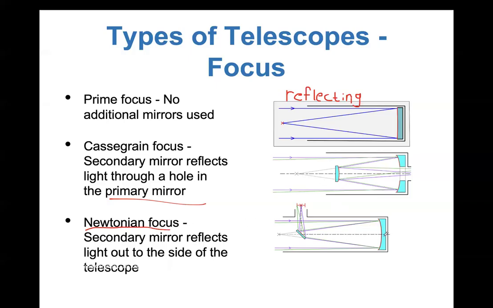But then we get to a Newtonian focus, which, instead of having a hole in the primary mirror, the light is redirected with an angled mirror. So here we have light bouncing off that curved surface and then bouncing off a planar surface, a flat mirror, like the kind you would look through in your bathroom, a plane, not curved. And so why would we use a not curved mirror?